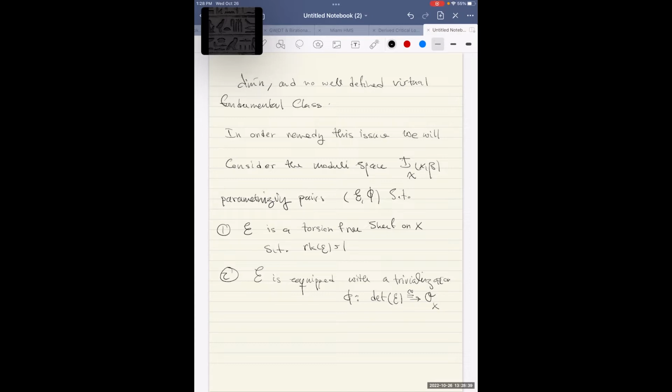What is the determinant of the sheaf? Determinant of a bundle, we know what it is, but the determinant of a sheaf is basically this: if you have the sheaf, you can find some locally free resolution of it, R0, R1, and it keeps going. Over a smooth projective variety, this locally free resolution stops at some point.